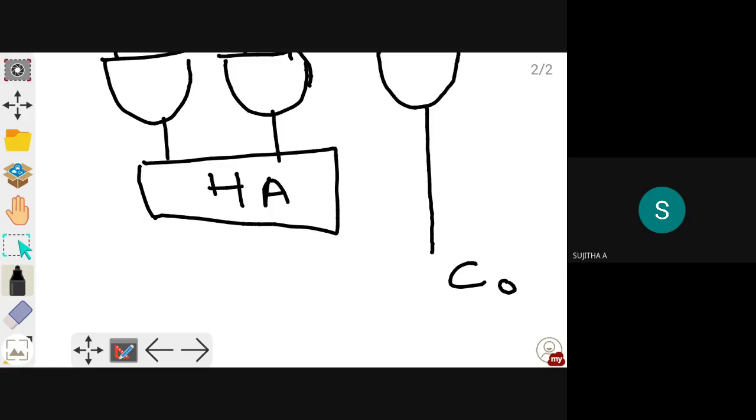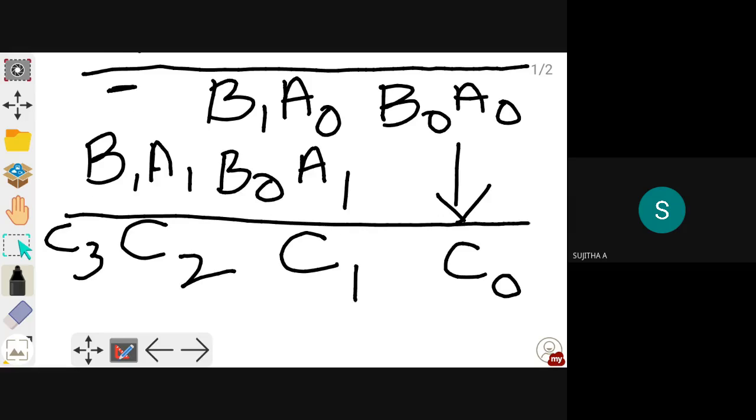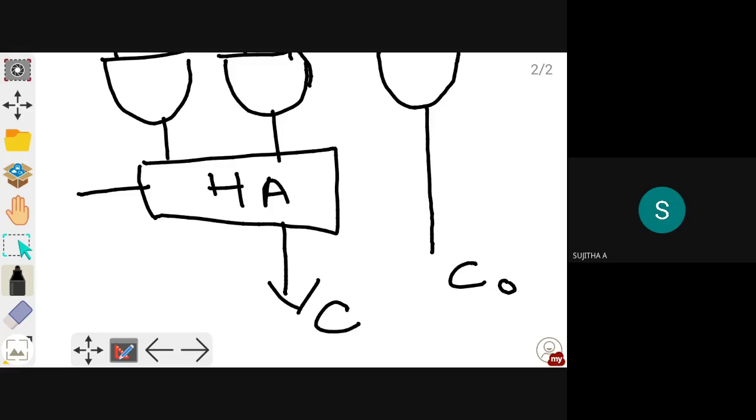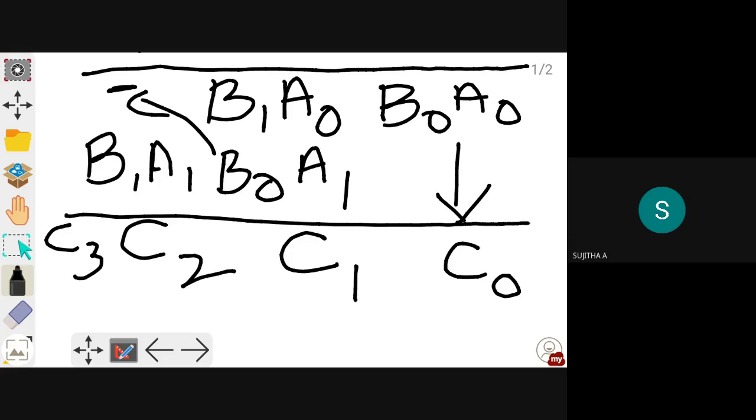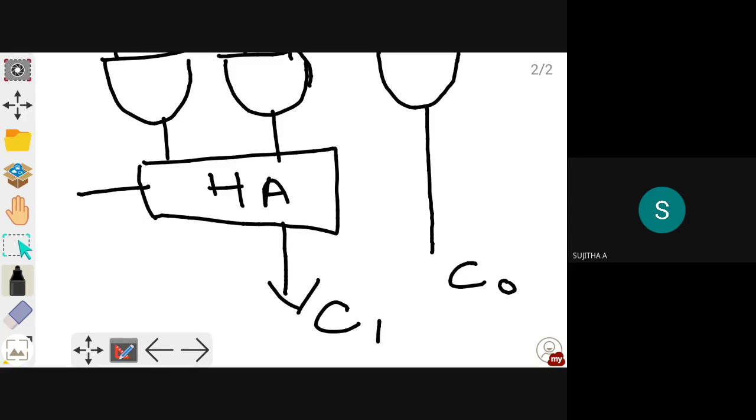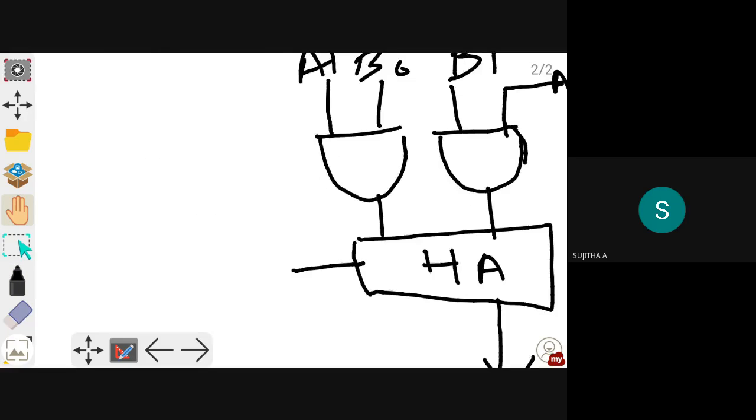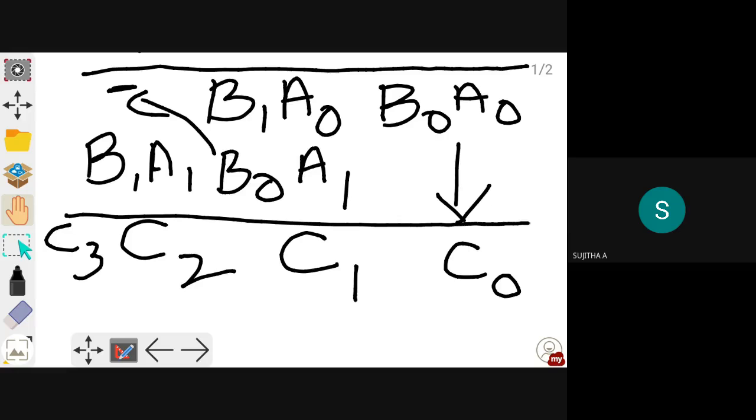The half adder gets two inputs and will produce an output and a carry. The output is C1. This carry should be given to the next half adder to add these two bits. You have to use another AND gate for A1 and B1.